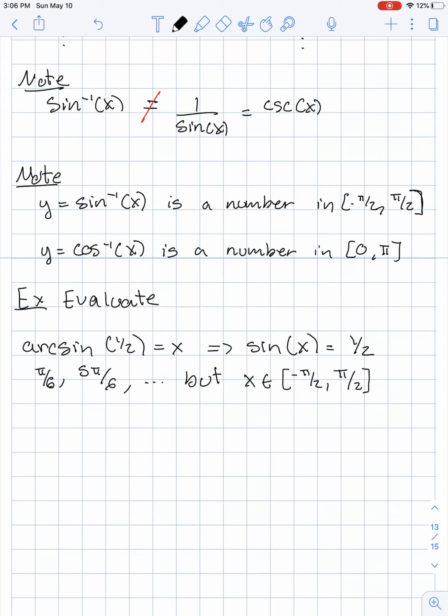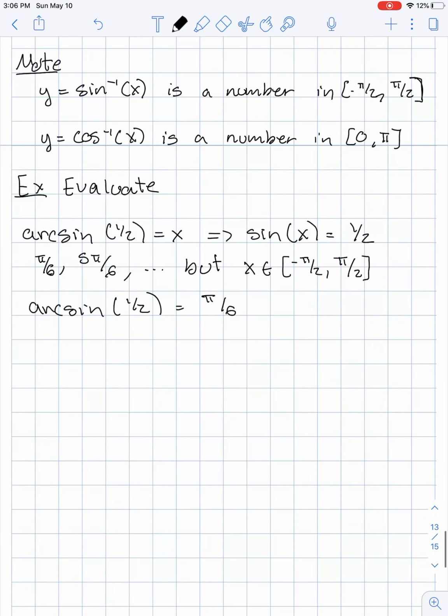So I need to choose one. Well, the only one in this iteration is pi over 6. So I can say that arcsine of 1/2 is pi over 6.